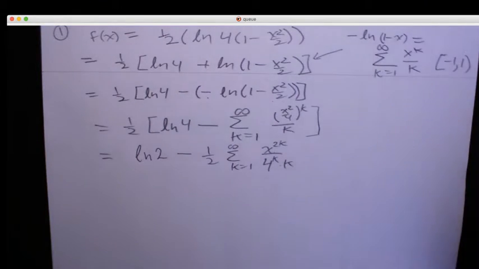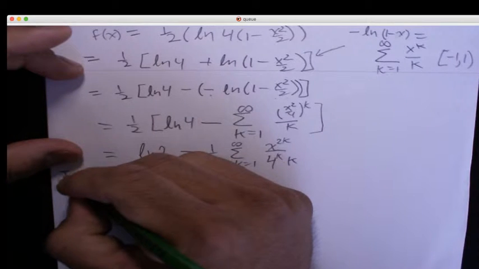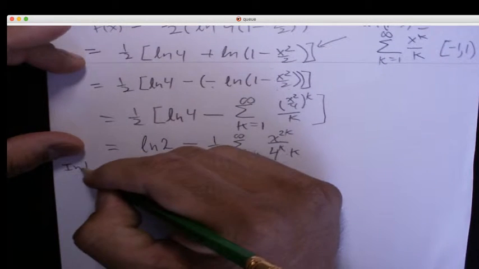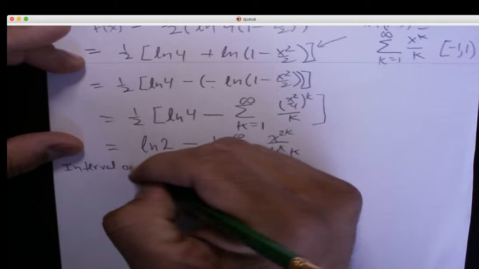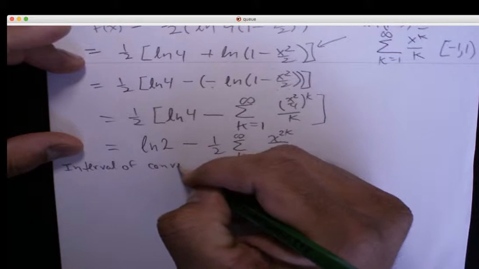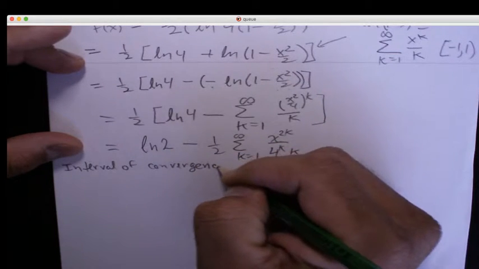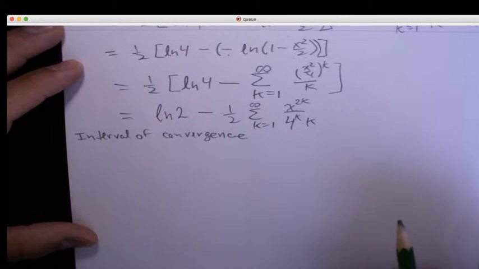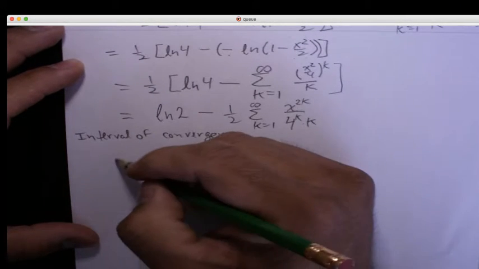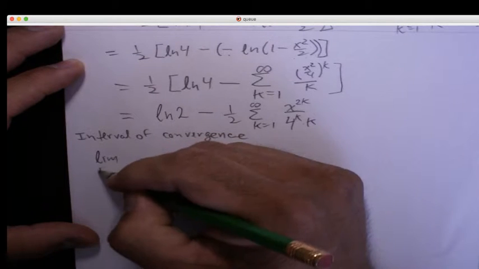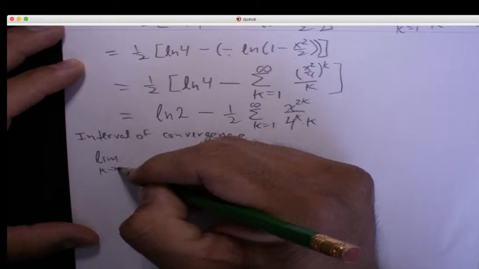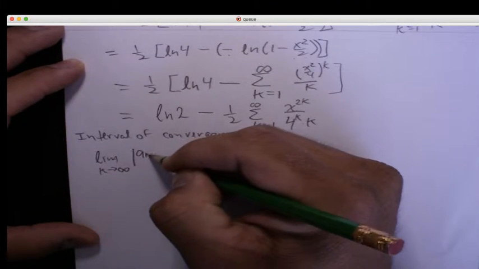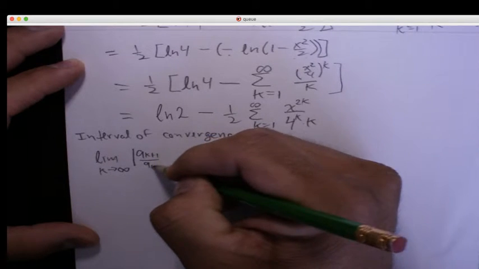Now we need to find the interval of convergence. Okay, so I'll use the ratio test here. The ratio test tells me the limit as k goes to infinity of the next term over the previous term.